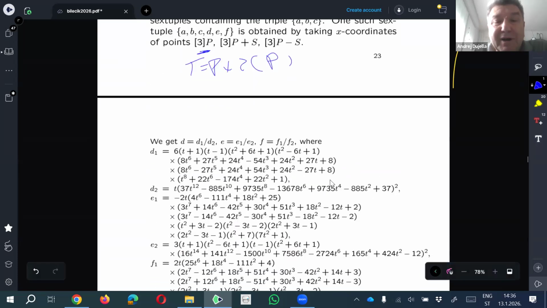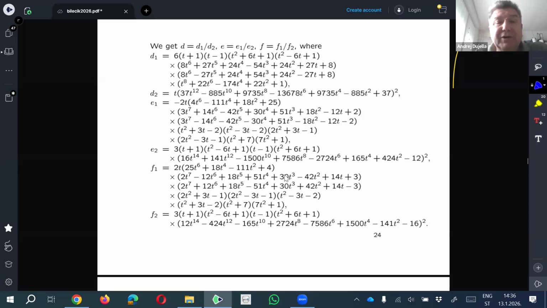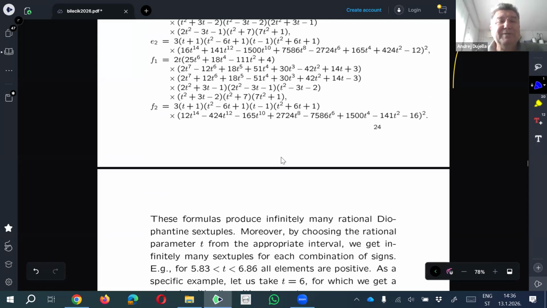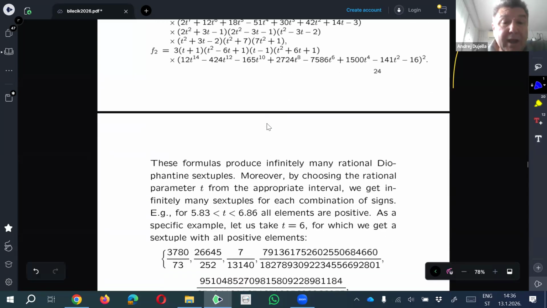And we have a sextuple, and it does not look very nice, but it gives a parametric family of sextuples. Later, we found some simpler families with different methods, but I don't think I have time to present other constructions. But this shows how elliptic curves are used to solve a problem which was open from the time of Euler.